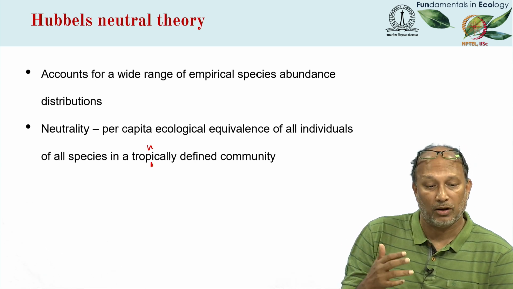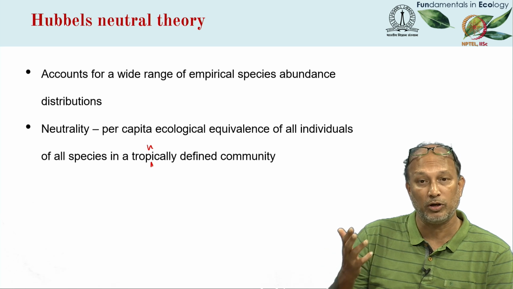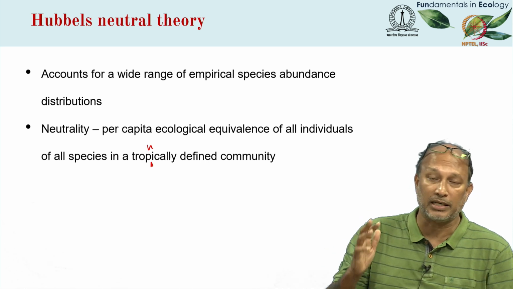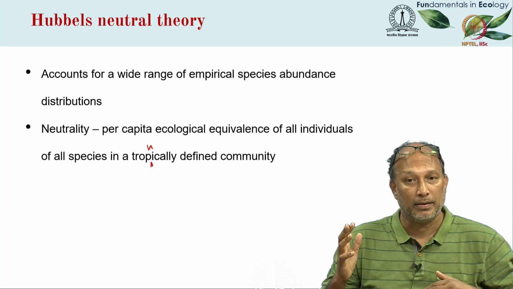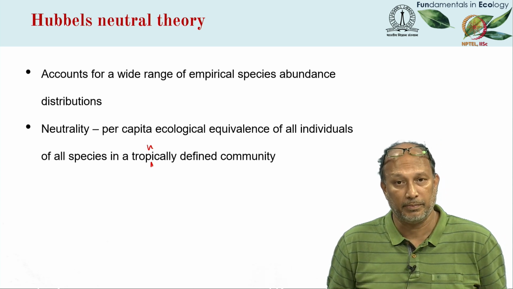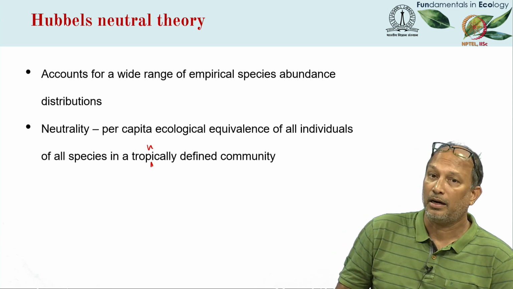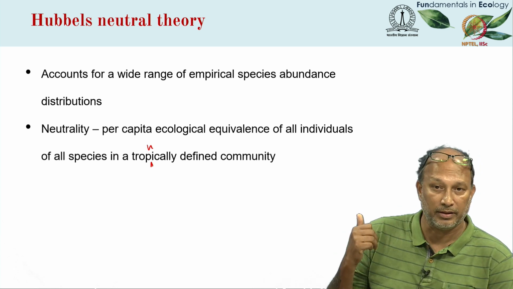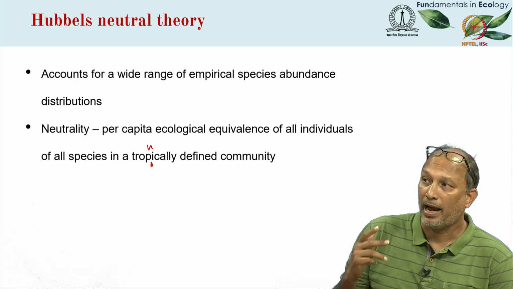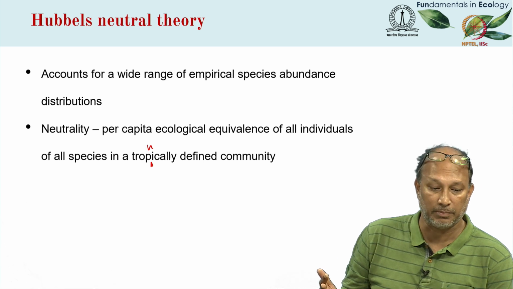The neutrality of Hubbell's theory extends this to the per capita equivalence of all individuals. So none of your individuals belonging to different species are ecologically different from each other in the meta-community. And despite this neutrality, the processes of immigration, the size of the meta-community, and the mode of speciation itself can produce different species abundance patterns.